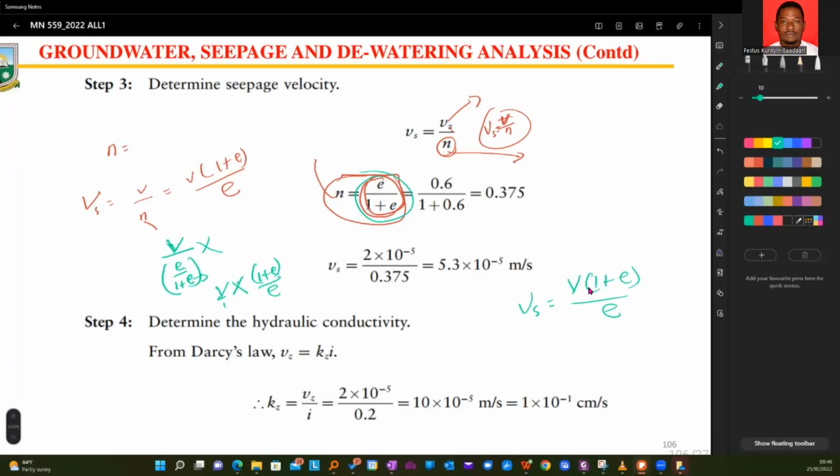So all you need to do is just go ahead and substitute the 0.6 in its place. So you have Vs is equal to your velocity you calculated. Average velocity was 2 times 10 to the power negative 5 times 1 plus 0.6 over 0.6. So those of us with calculators, let's punch and see the new numerator we will get for this.